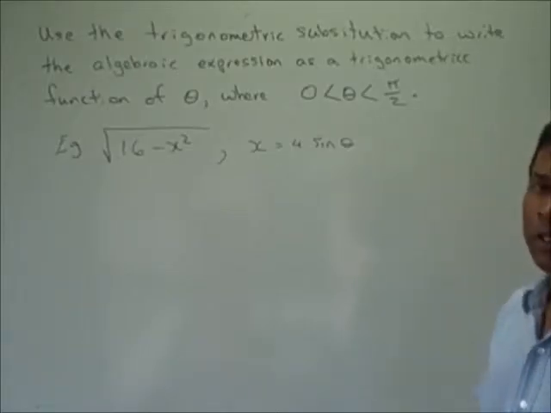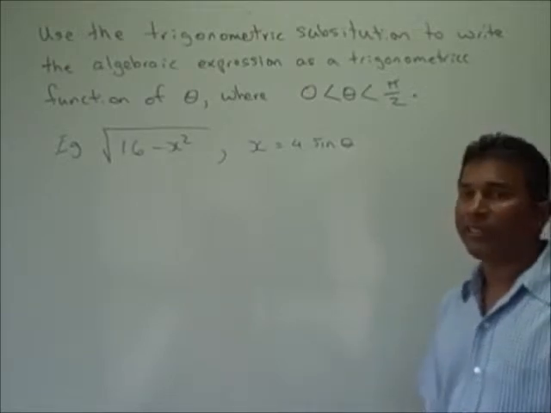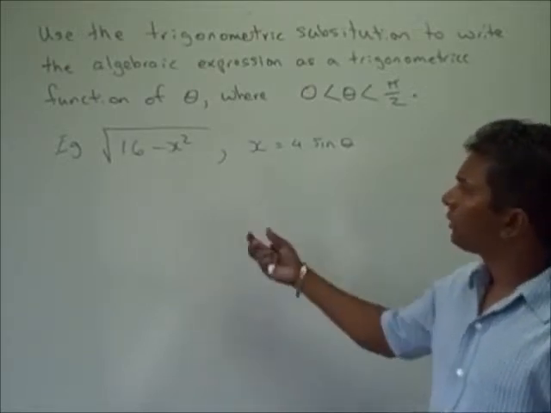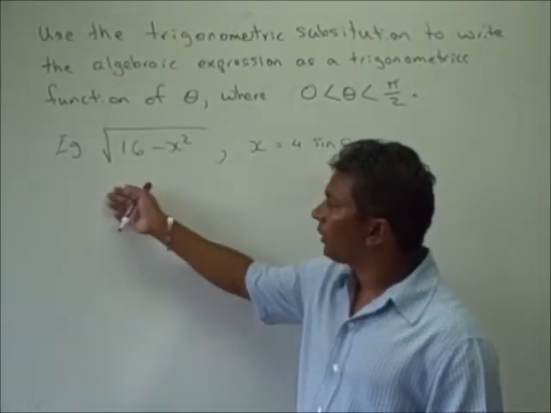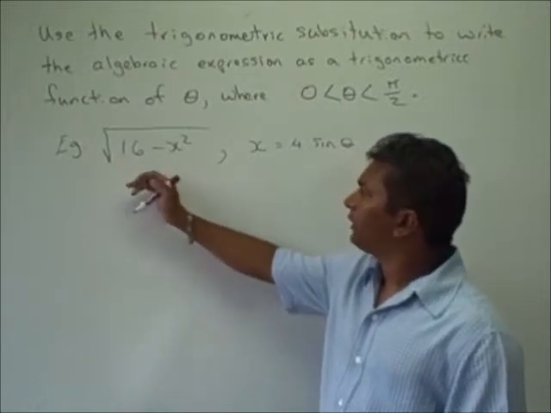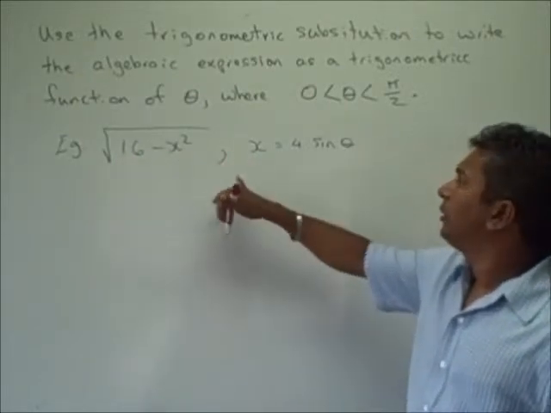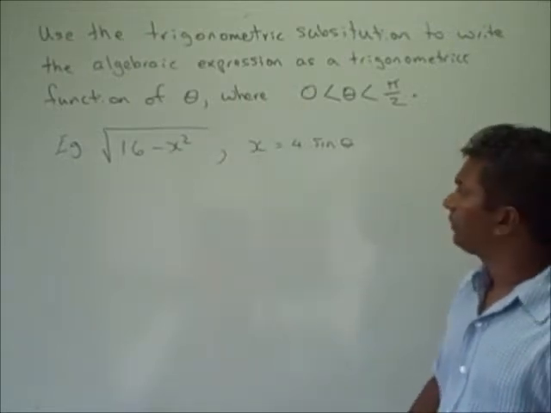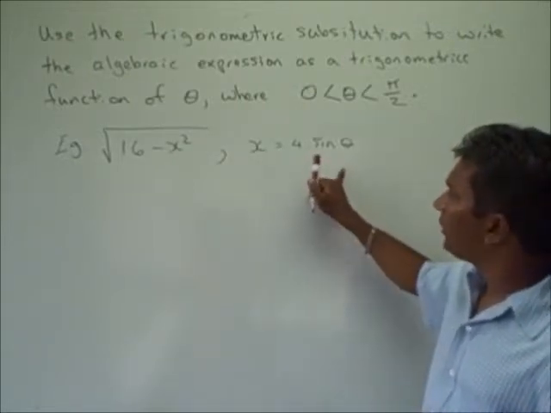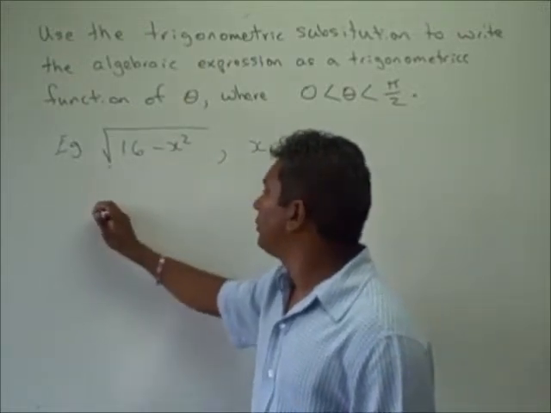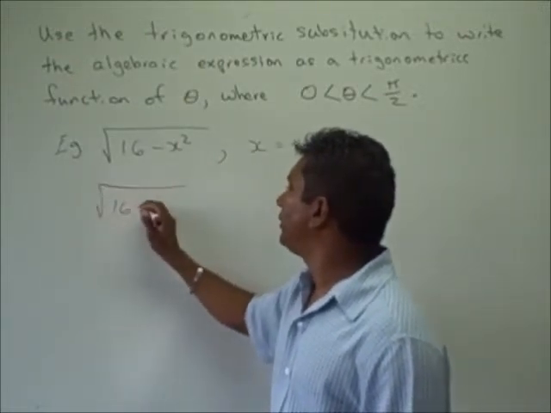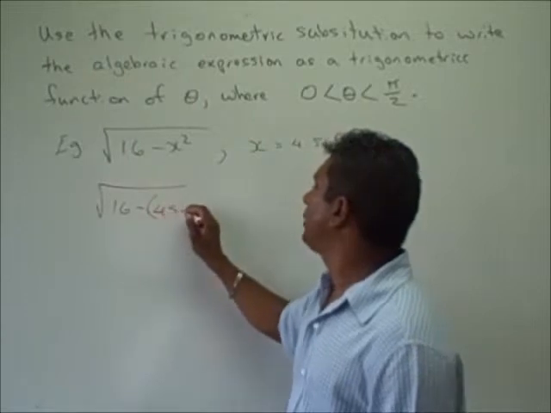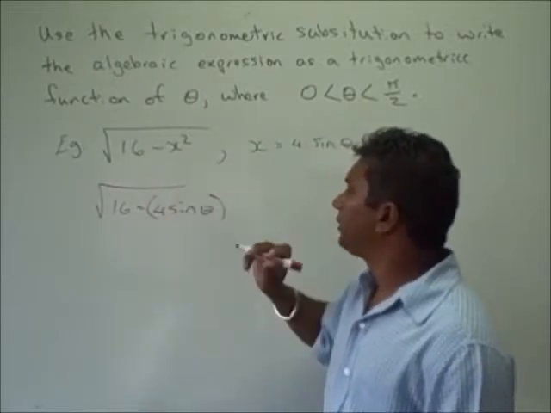Here we're using trigonometric substitution to simplify an algebraic expression. Our algebraic expression is just a radical: we're finding the square root of 16 minus x squared, and we're told to use x is equal to 4 sine theta. Now if x is equal to 4 sine theta, we can substitute for x. So this becomes the square root of 16 minus 4 sine theta, when we replace x.